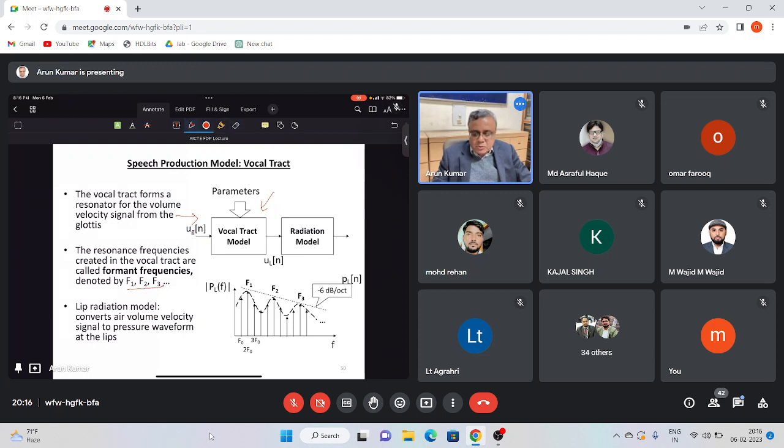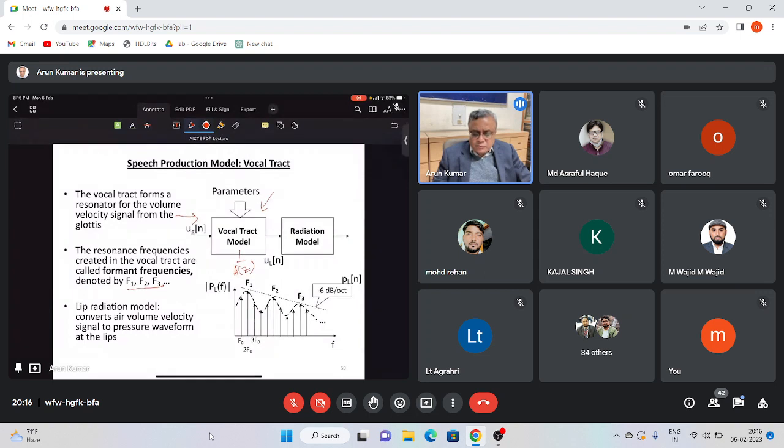These can be well modeled, for those of you from an electrical or electronics background, by an all-pole filter, where the roots of the denominator polynomial would correspond to the formant frequencies F1, F2, and F3, where you will have peaks.